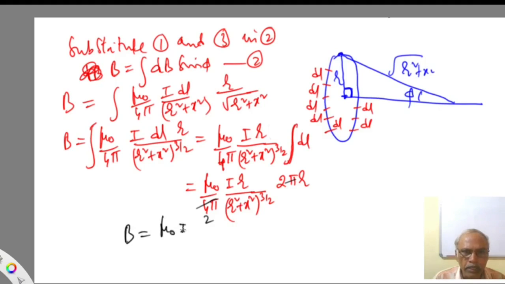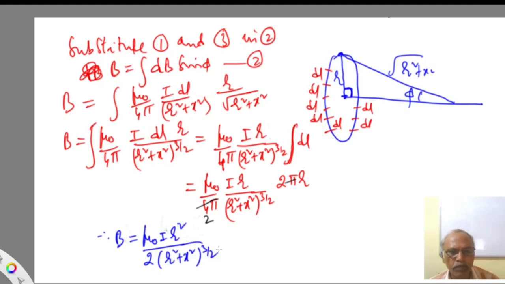Therefore B is equal to mu naught I r square by 2 into r square plus x square power 3 by 2.